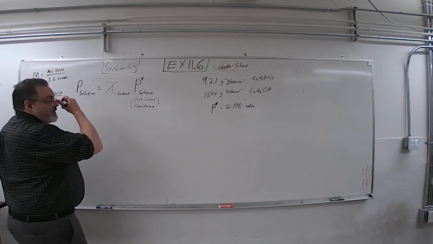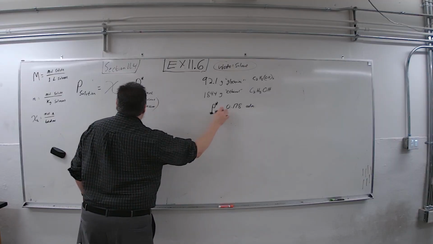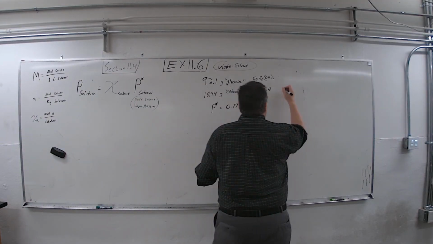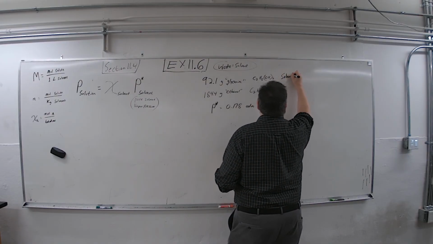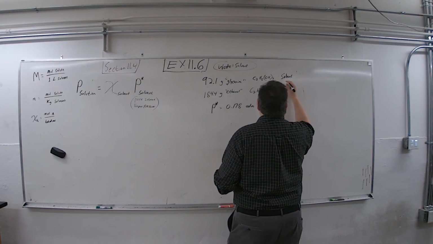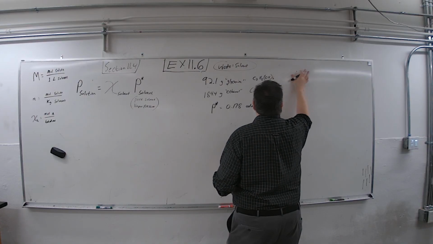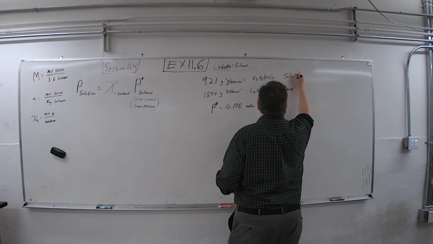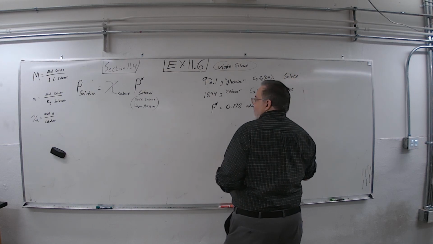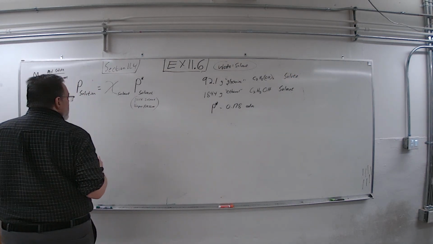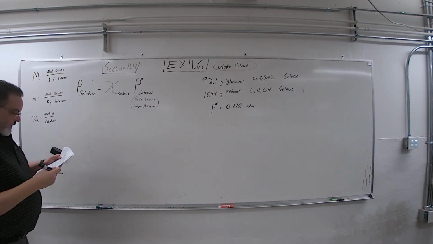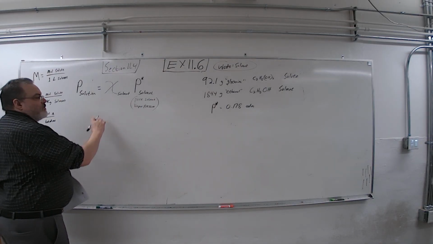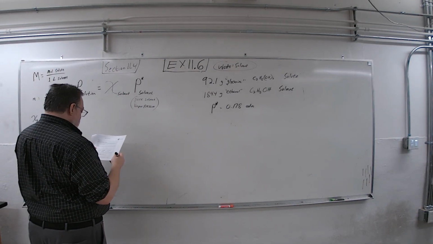So all we really need is we're going to multiply this by the mole fraction of the solvent. The solvent here is glycerine. Okay, so we need the mole fraction of the solvent, which is ethanol.